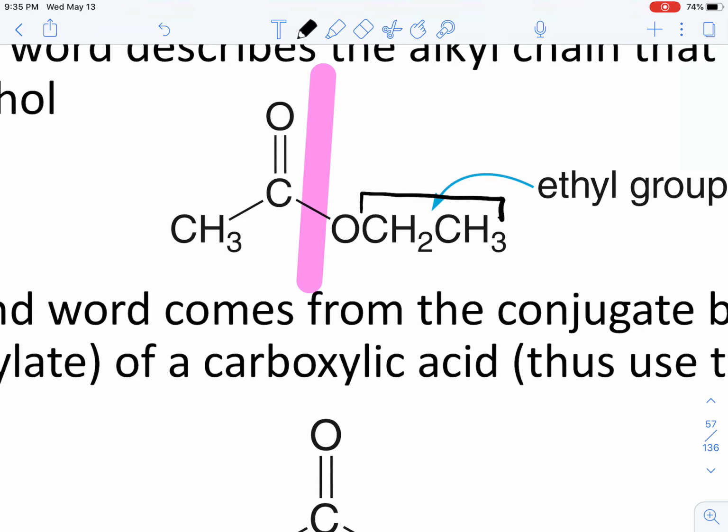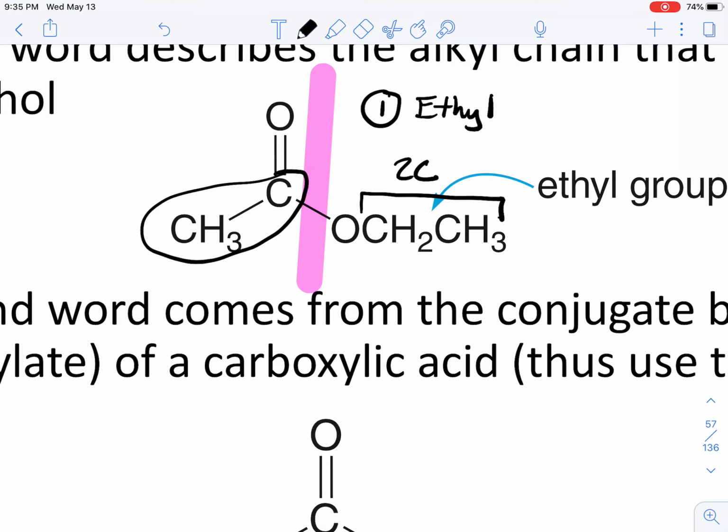And since this is a 2-carbon chain, I know that this is going to be an ethyl. And so that's the first word that I'm going to place when I'm naming my ester.